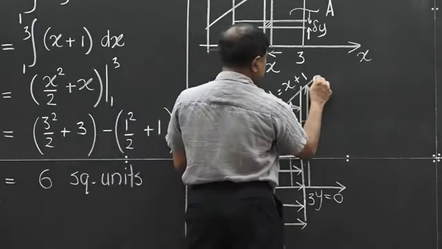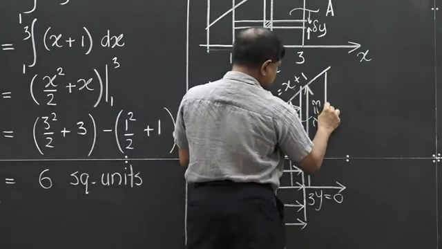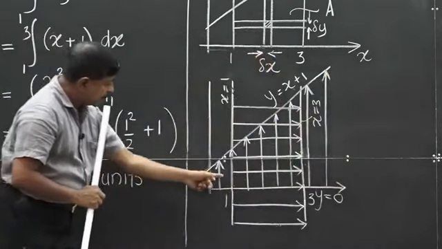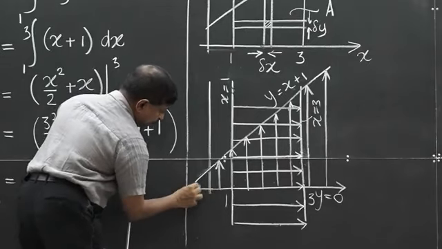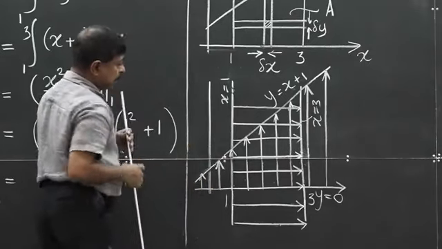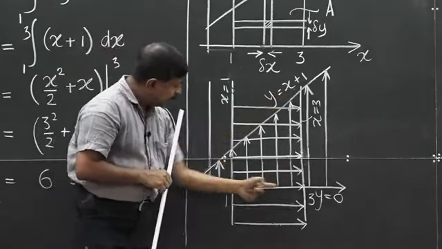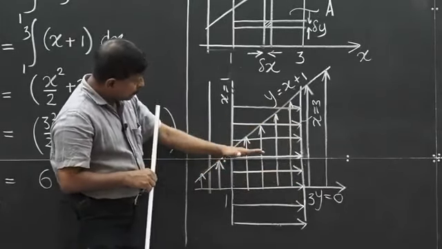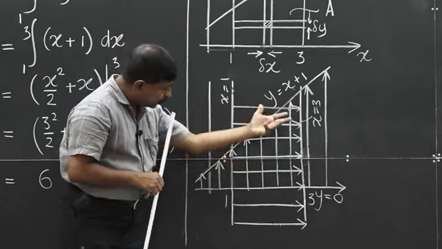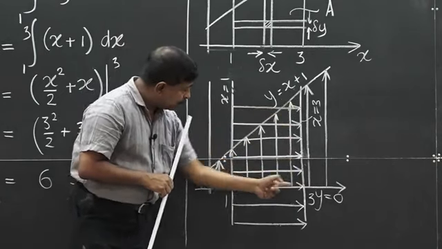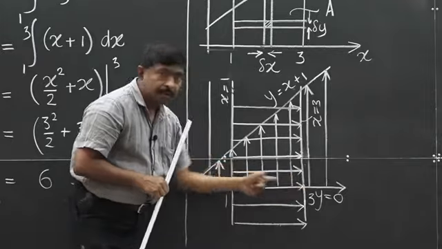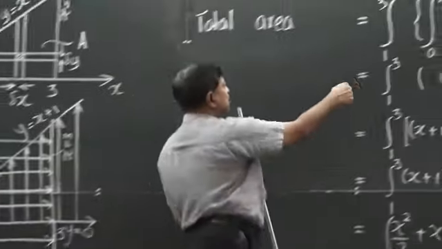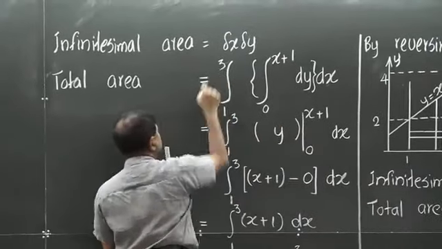Here, if I extend this diagram, I can have a vertical arrow, but I don't have the horizontal arrows. Arrows in both directions can be visible only in this area. So, that is the area we consider. So, y goes from 0 to x plus 1, x goes from 1 to 3.